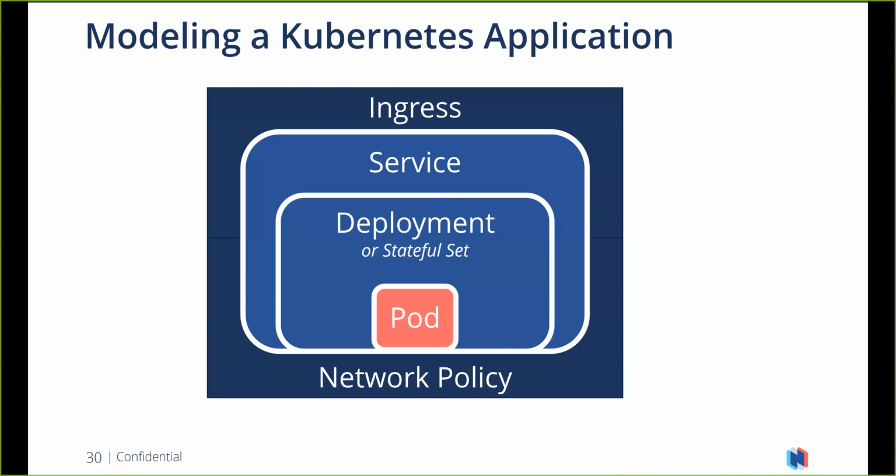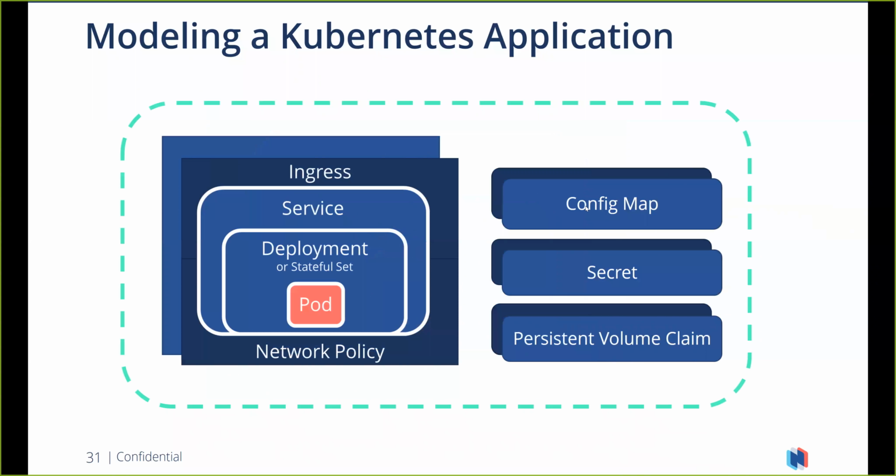Now, any normal application will have several services. So think about an application as a group of these services, and there's additional things you might want to add to your application. You could have PVCs defined, which are predefined as part of your application. You might also have things like secrets, which are part of your application. So things like passwords or even SSL keys and certificates that you might want to store as secrets.